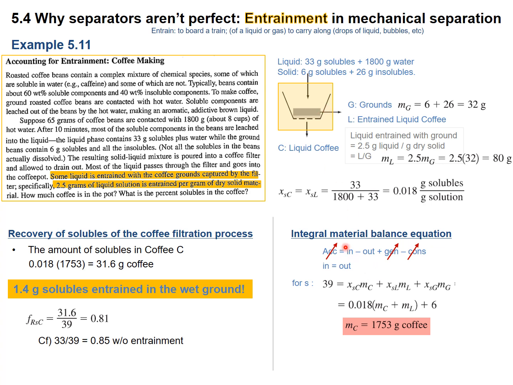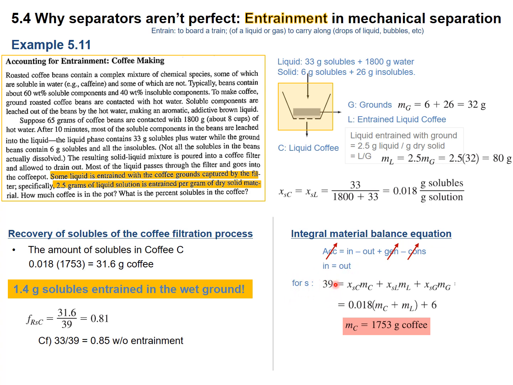In that case, no accumulation is equal to in minus out plus no generation minus no consumption. Therefore, in is equal to out. Let me set up the mass balance equation of in equals out for solubles.